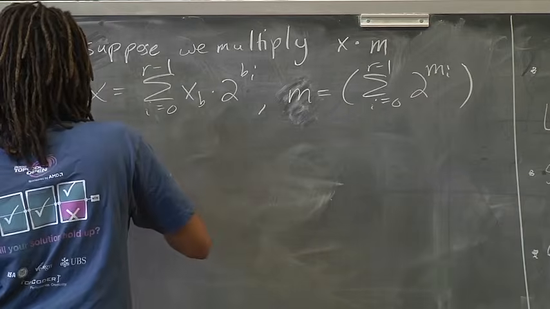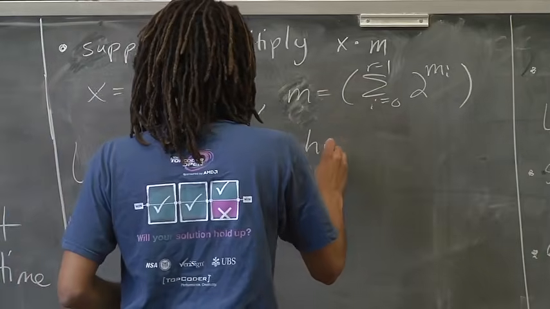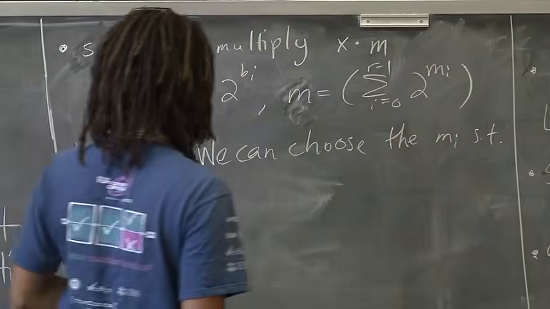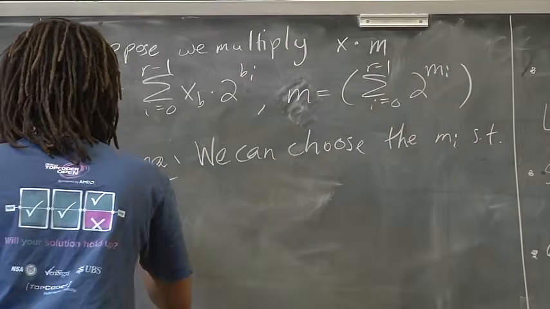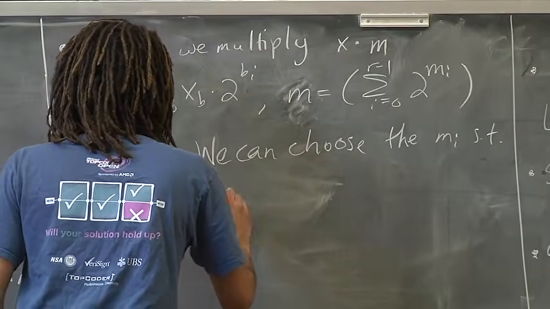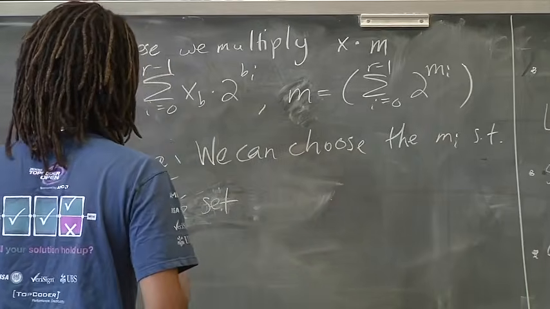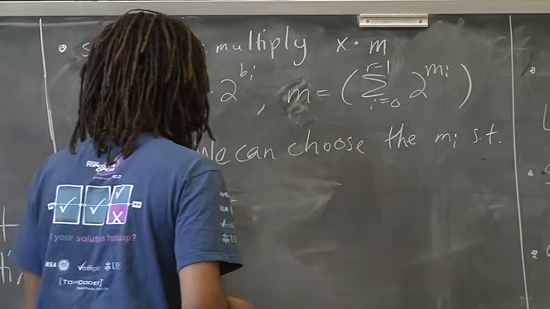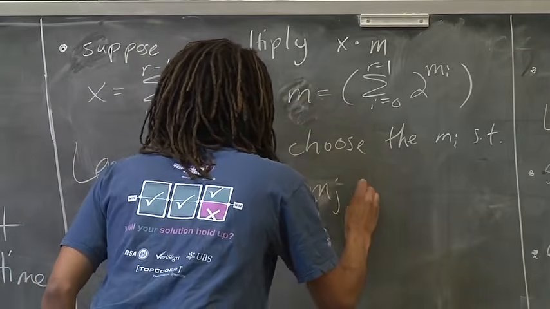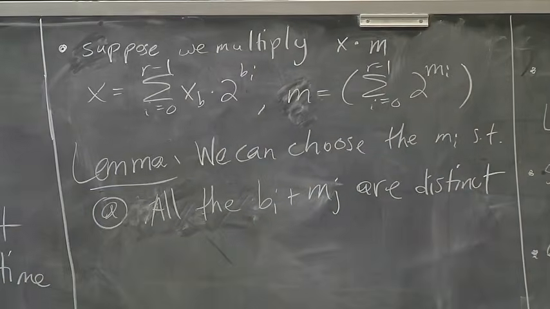So, lemma: we can choose the m_i such that, A, for all i and j, all the b_i plus m_j are distinct. So there are r squared of these sums.